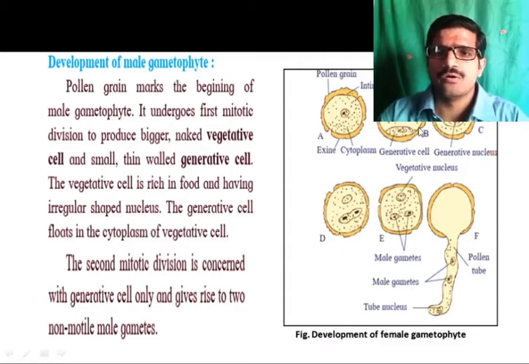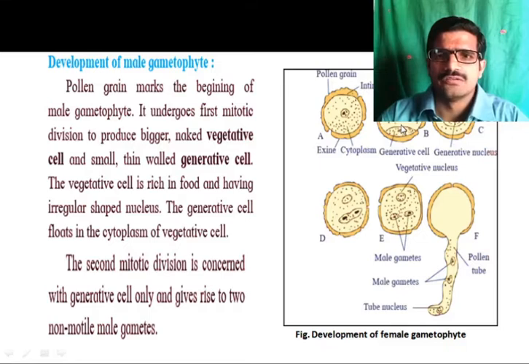This development of the male gametophyte takes place in 2 stages: before pollination in the pollen sac and after pollination on the stigma.